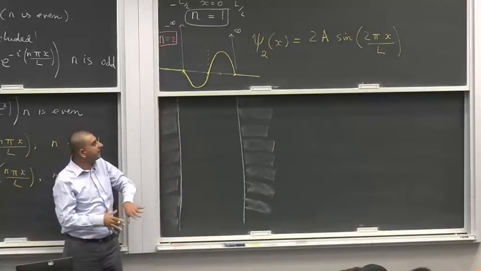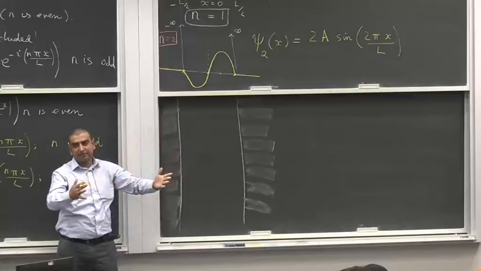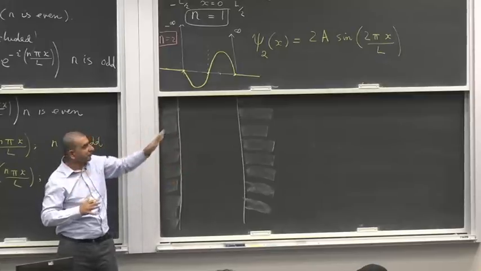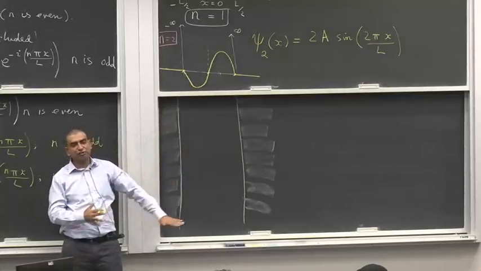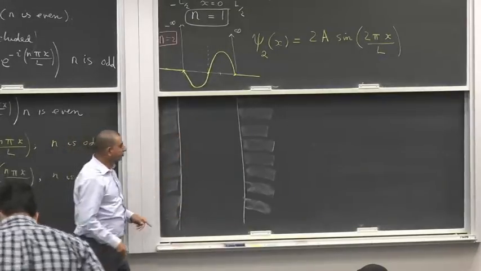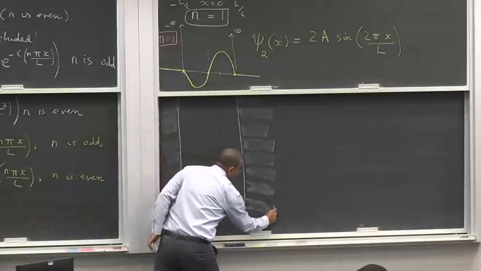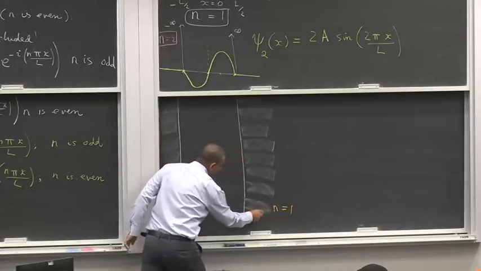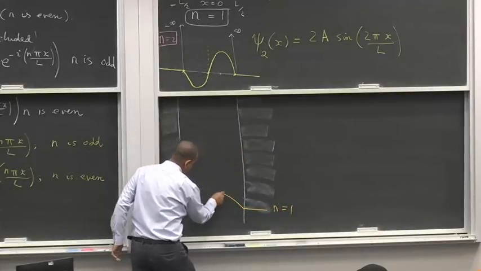I'm going to plot them instead of drawing different diagrams for different wave functions because that will take up a lot of space. I'm just going to stack them on top of this diagram. Okay? So for n equals 1, the wave function looks like this.